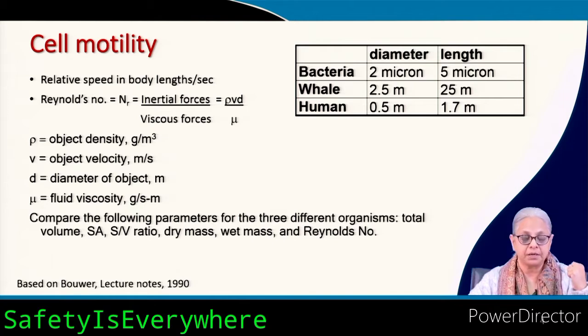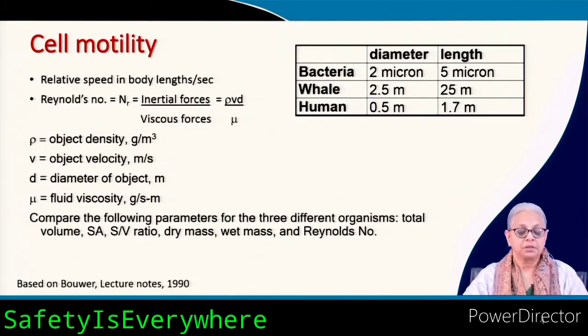The next parameter that we're calculating is based on Reynolds number. Those of you who are from civil engineering or any of the other engineering branches may know about Reynolds number. Reynolds number is abbreviated as Re or NR, depending on what source you're looking at. It is a unitless number, and it is the ratio of inertial forces divided by viscous forces.